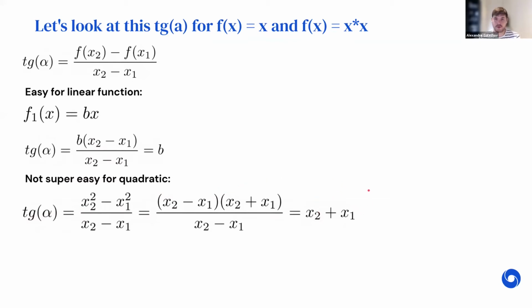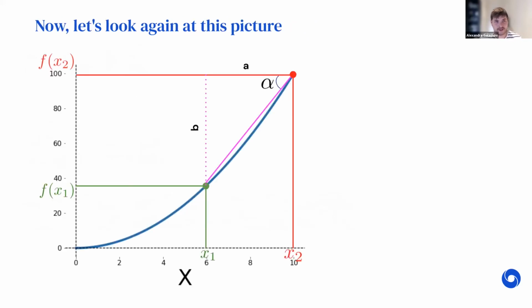So it's not bad. It's not that complicated, but still it depends on 2 points. So right now we'll see how to make it more compact and more elegant, so it doesn't depend on 2 points.